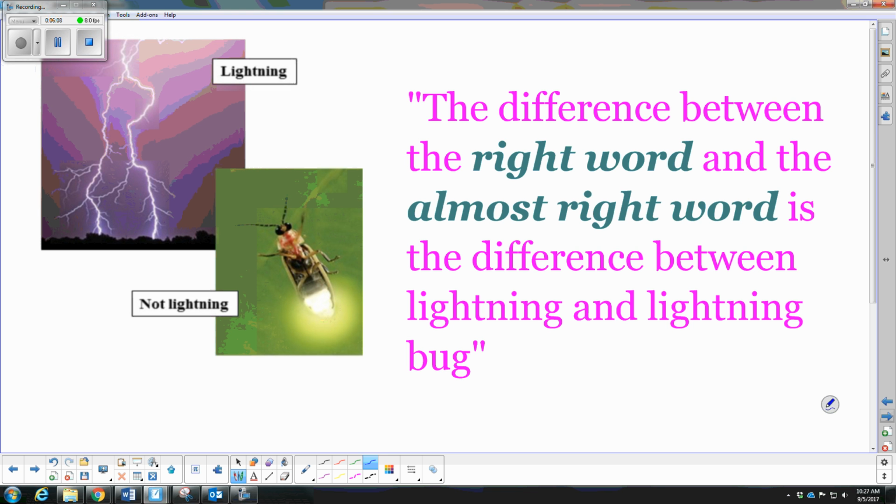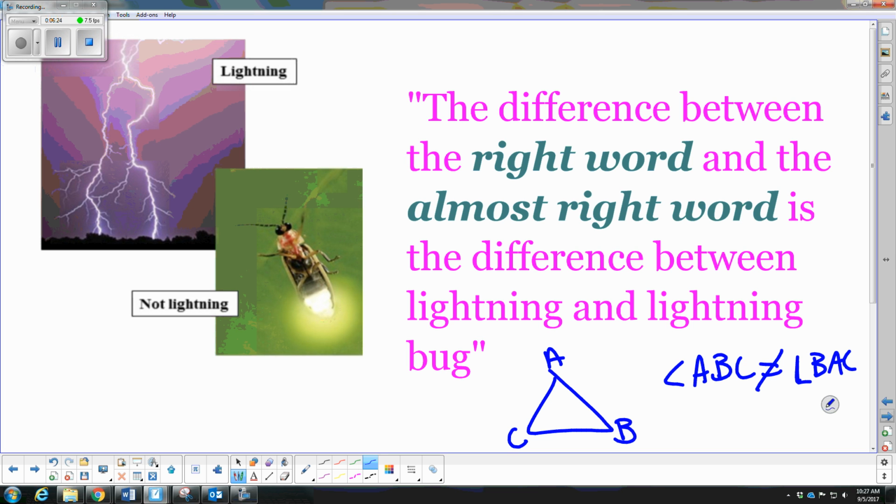So, for example, in triangle ABC, angle ABC is not the same as angle BAC. In one case, we're talking about angle B, and in the other case, we're talking about angle A. So, although the terminology looks close, it's not at all the same.